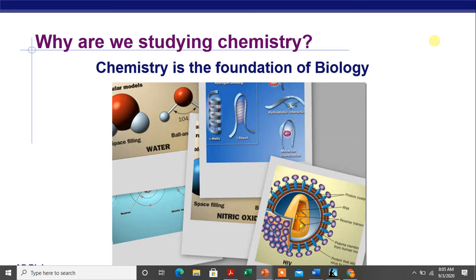For example, if you go to the UW and you'd be a biology major, you're going to have to take at least 4 semesters of chemistry, because the chemical foundations of life give rise to all of the emergent properties of animal systems, and systems of viruses and bacteria, and systems of plants. So it's the very foundation that we build all of the rest of biology on, and that's why we're addressing it first.